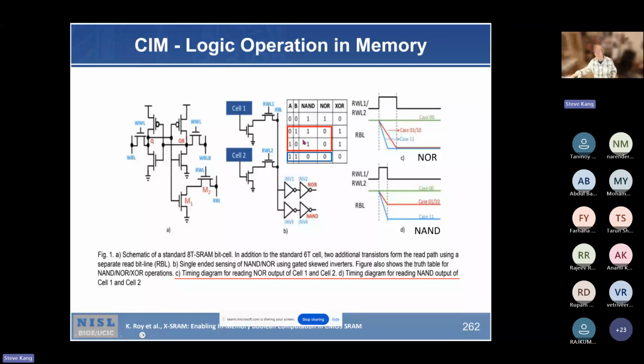Beyond some threshold is considered high. So 0,0 is really high in NAND operation, but 0,1 and 1,0 are close to high. So roughly speaking, you are realizing NAND operation by adjusting this pulse width. So that's one example of a logic operation in memory, right?